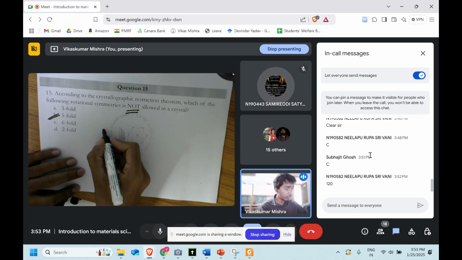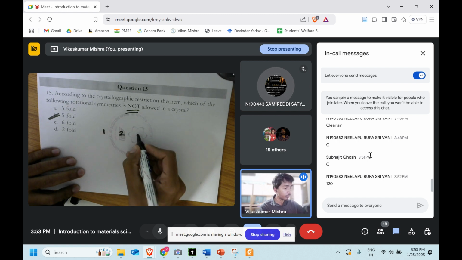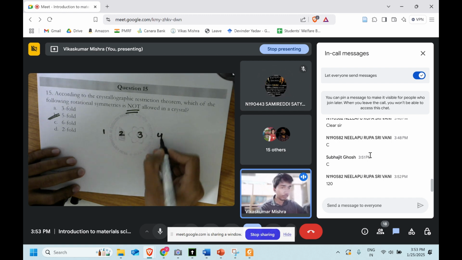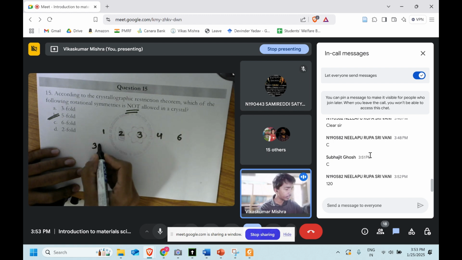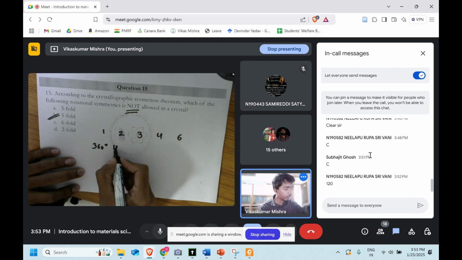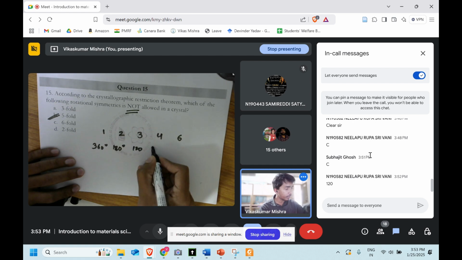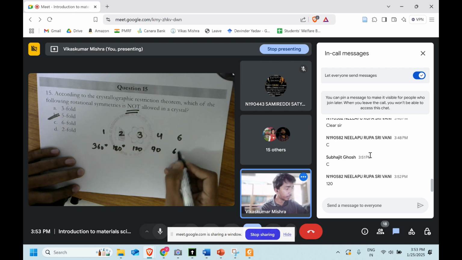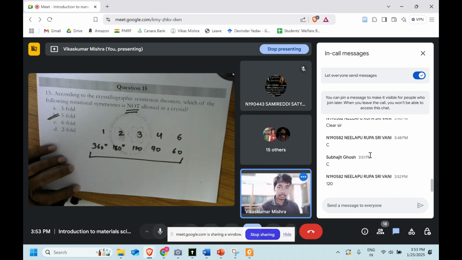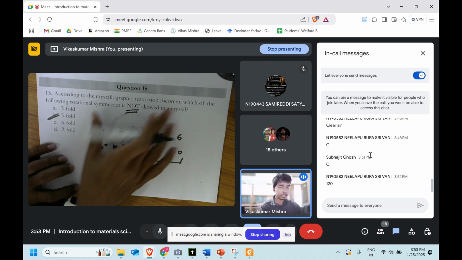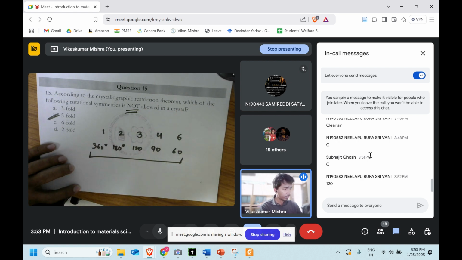So what are the allowed symmetries? One-fold, two-fold, three-fold, four-fold, and six-fold. The corresponding angles are 360 degree, 180 degree, 120, 90, and 60. So these are the allowed rotations that the crystallographic restriction theorem is telling us.